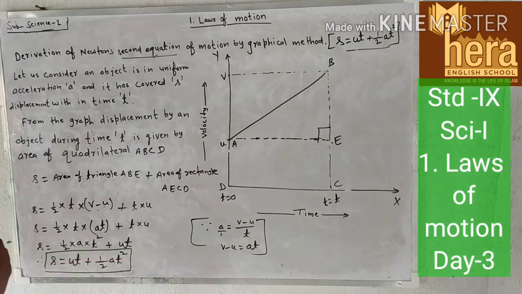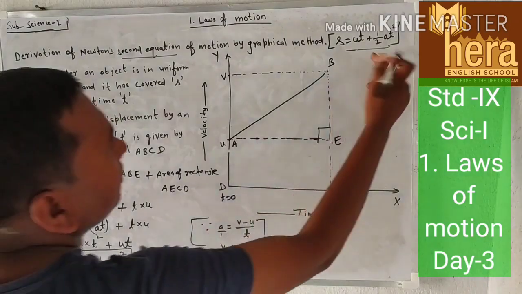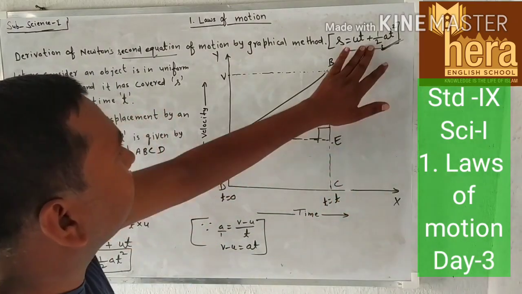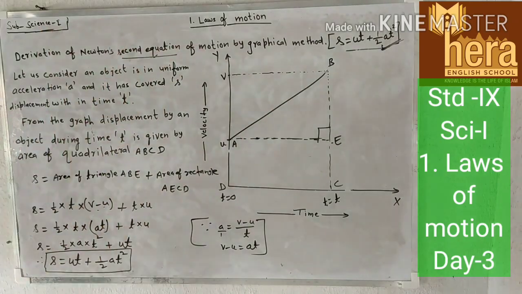This is Newton's second equation of motion. This way we can find it, S is equal to ut plus half at square. Understood? This is important.